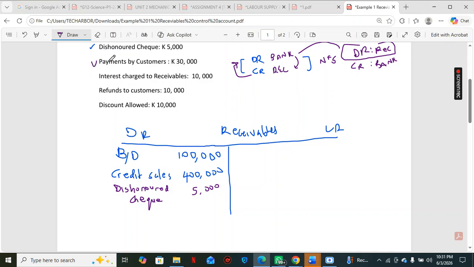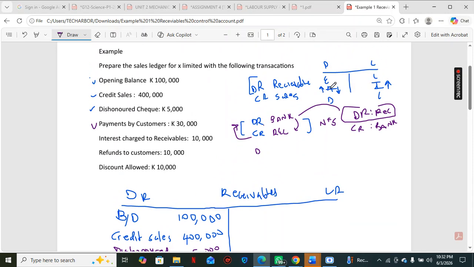Next, we've got payments made by customers. Here, people who are owing you money are paying you. So the Nkongole is dropping. What is being owed to you reduces. I don't even need to put the double entry there, but for studying's sake, when a receivable pays you, you debit bank or cash, because that is money coming in.